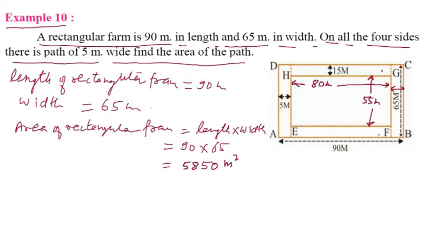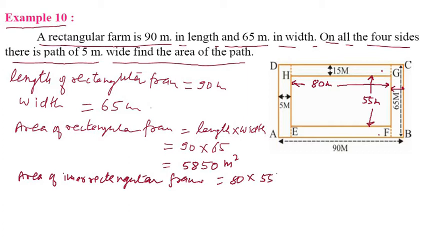So you can find the area of inner rectangular frame. Area of inner rectangular frame is length into breadth. Length is given as 80 and the width is 55. So now you can multiply it. It is 4400 meter square.